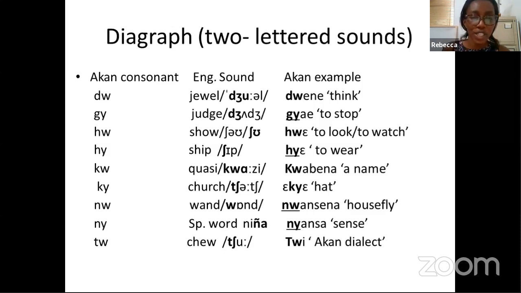So in the word show, the sh and w, in the English word show. And we see the Akan example as she. Good. I know some English speakers try to pronounce it as shwe, but it is she. With time and practice, we'll be able to get all these sounds.